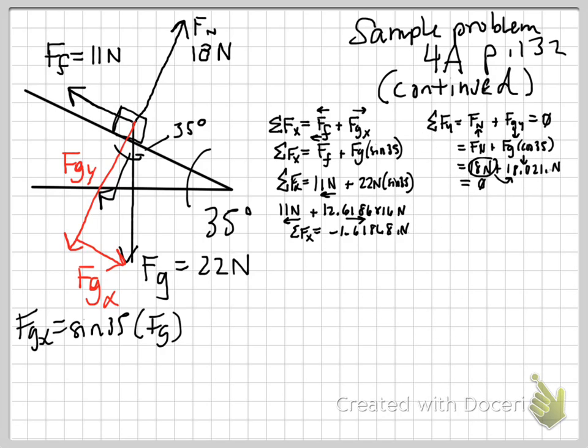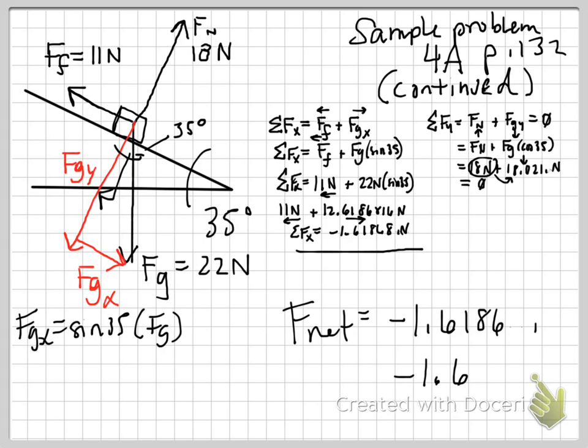It's not on the y-axis. The net force is all on the x-axis. So, the net force on the book, well, again, with that sign and direction proxy, we say it's equal to negative 1.6186, etc., and we have two sig figs, so this would be equal to negative 1.6 newtons.